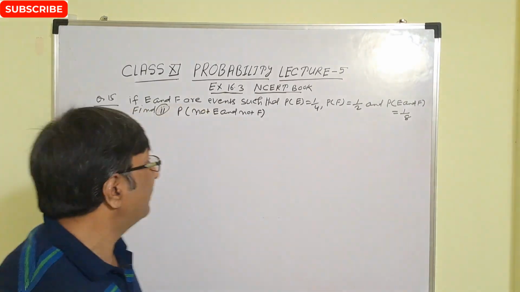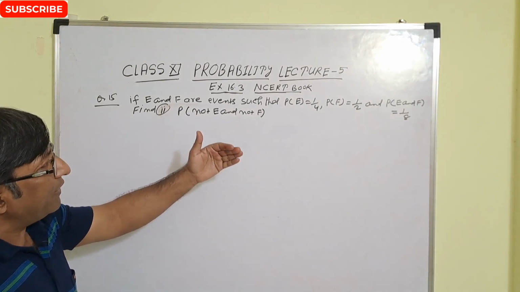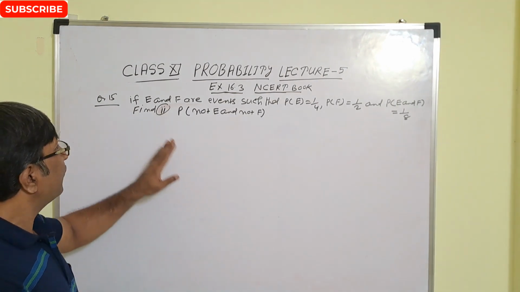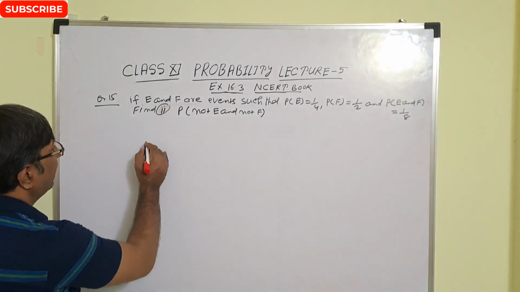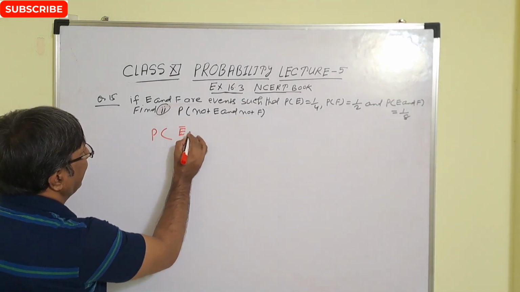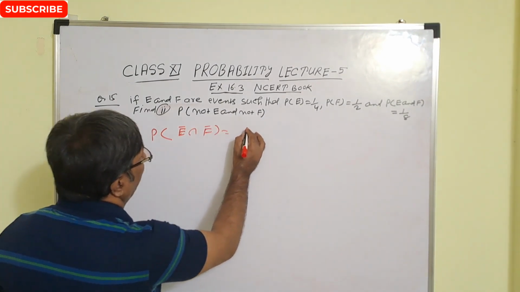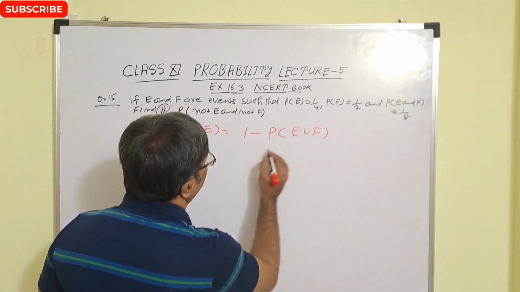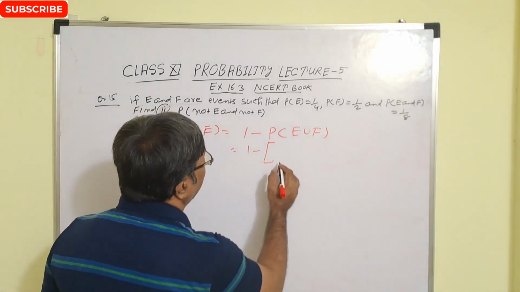Let's see the question. E and F are events such that probability of E is 1/4, F is half, and E and F is 1/8. We have to find probability of not E and not F. So probability of not E intersection probability of not F, the formula is 1 minus probability of E union F. So 1 minus probability of E union F, what?